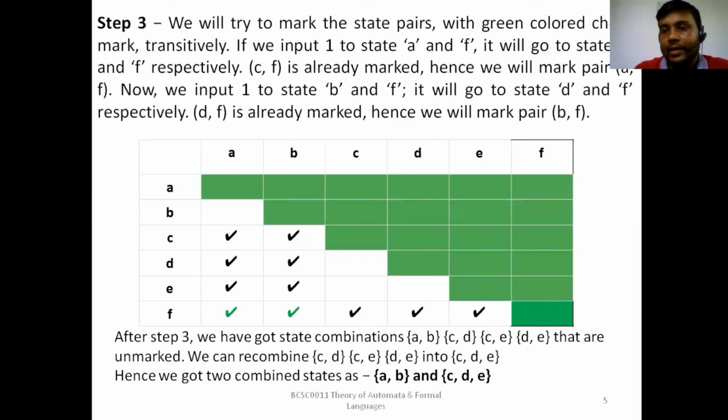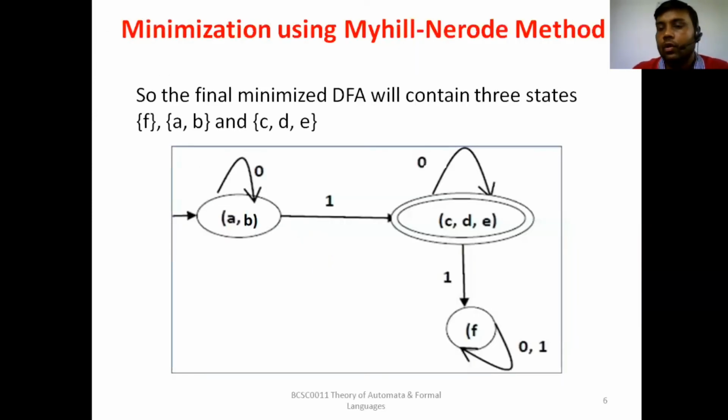A will be combined with B, and C will be combined with D and E. So finally we are left with only 3 states in the minimized DFA: AB is one state, CDE is the second state, and F is the third state. So we have determined that the minimized DFA will have only 3 states, that is AB, CDE, and F.